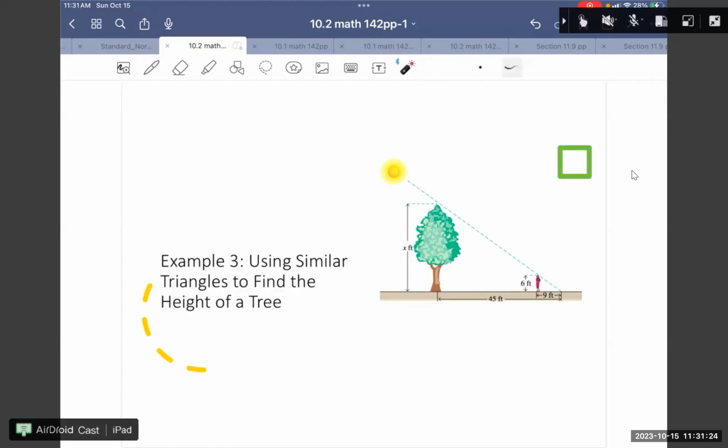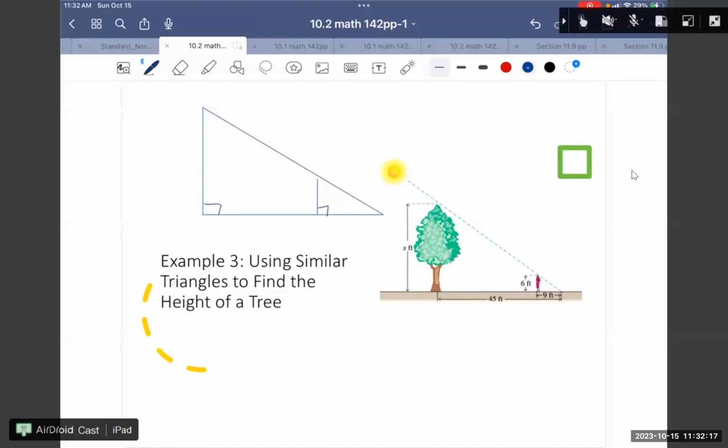This one is 6, and this one is X, corresponding with the 6. Let me draw the triangle for you, so it is easier to see. This is the right triangle.